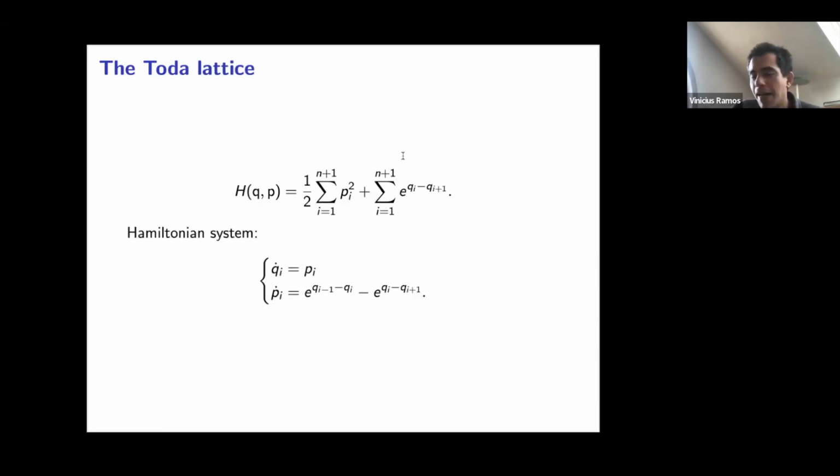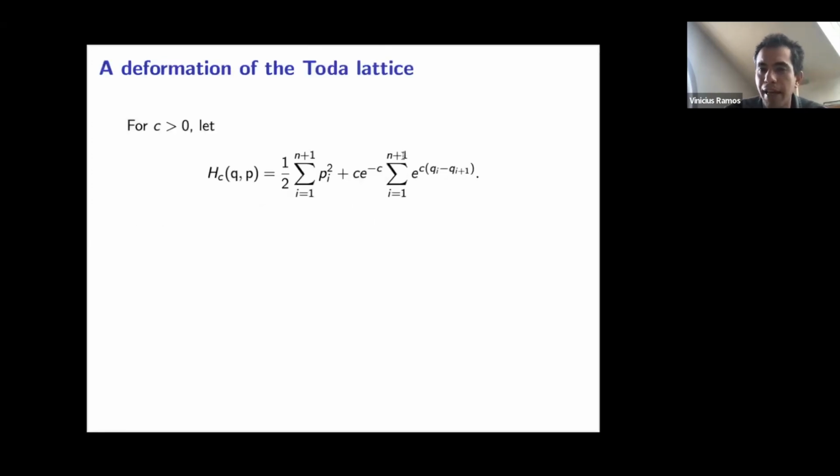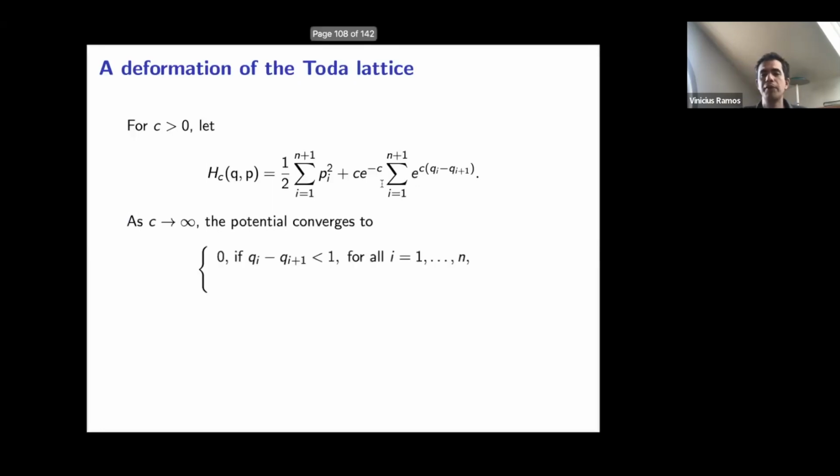So why does this have anything to do with our situation? One way to see it is by looking at a deformation of the Toda Lattice. You can deform the Toda Lattice like this: you multiply the q coordinates by c, and then you multiply the whole thing by e to the minus c. And you note that as c goes to infinity, this potential, this H, is converging to the following function.